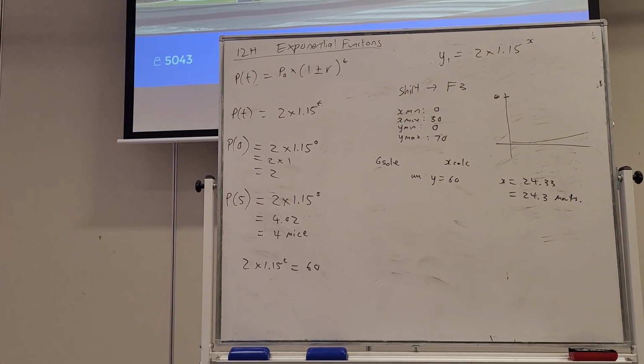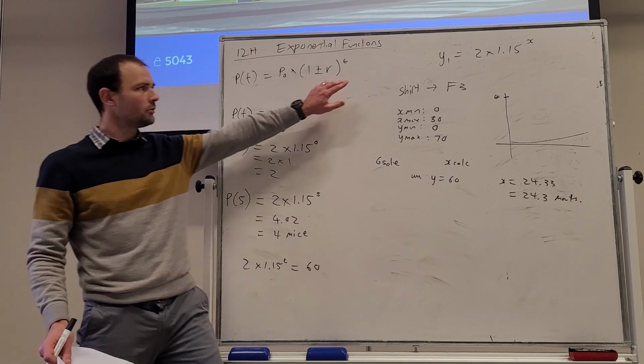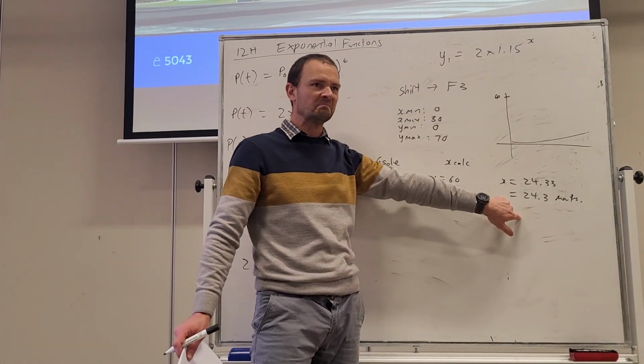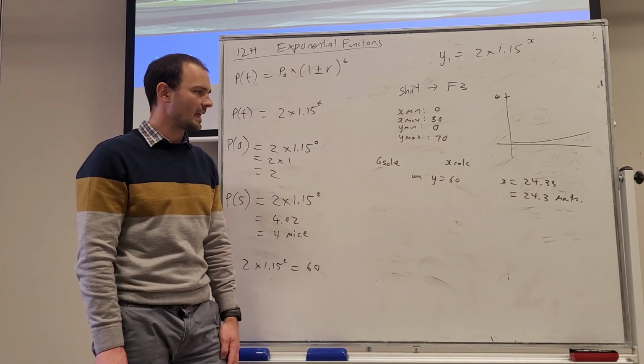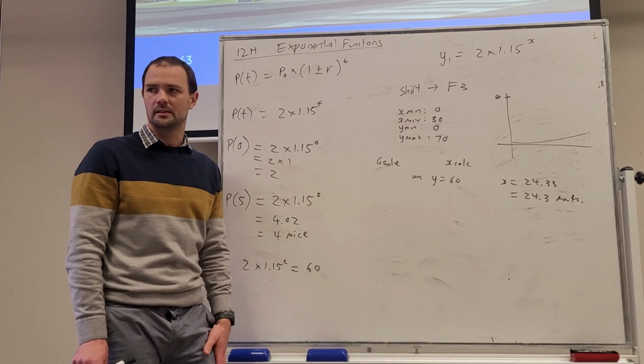So what have we answered there? We've said it takes 24.33 months for these 2 mice to reach a population of 60 mice. It's undergoing exponential growth. So just over 2 years.